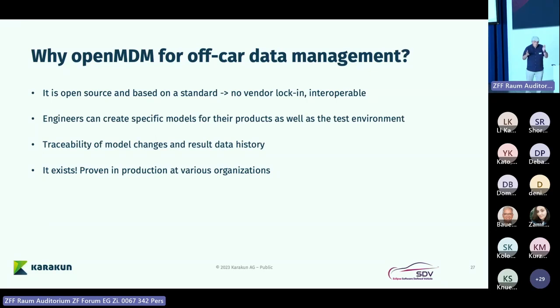And it's open source and based on a standard, with all the advantages and disadvantages. I will not hide from you that it also has some disadvantages. I will not go into detail about this, but for most of you it is not the problem, but it's also not only advantages.